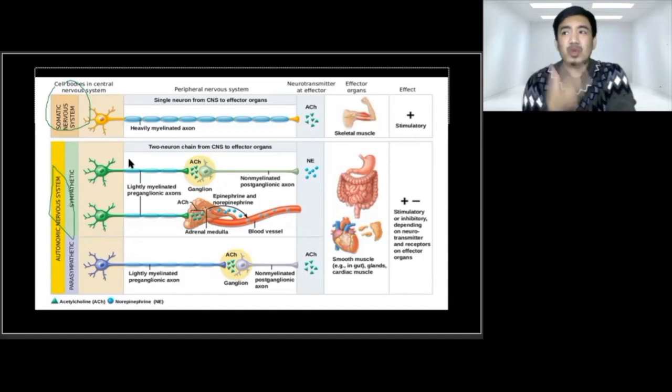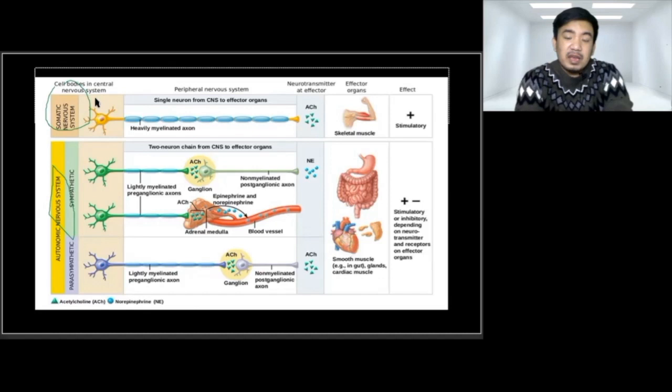So what do we mean by one neuron system? What do we mean by two neuron system? Our one neuron system is the somatic nervous system. It only consists of one neuron to transmit signals to our effector organ. Meaning, it doesn't have the preganglionic and the postganglionic, or in other words, there is no ganglia or ganglion.